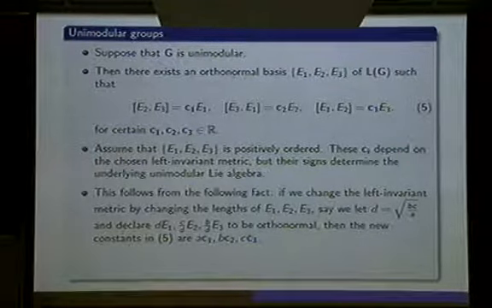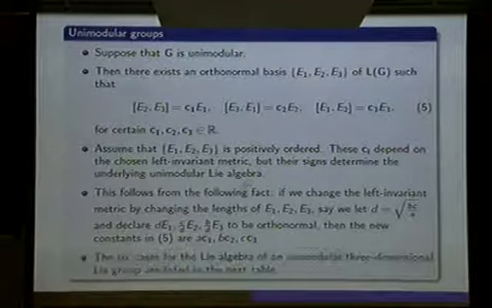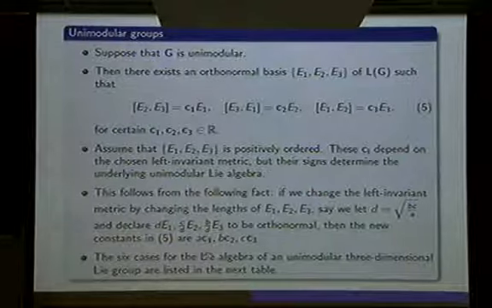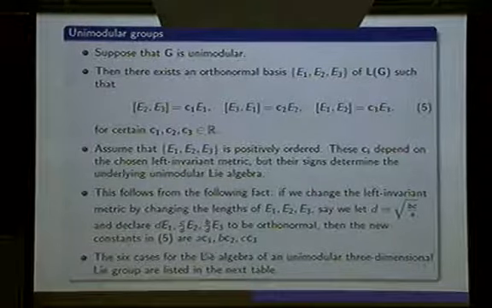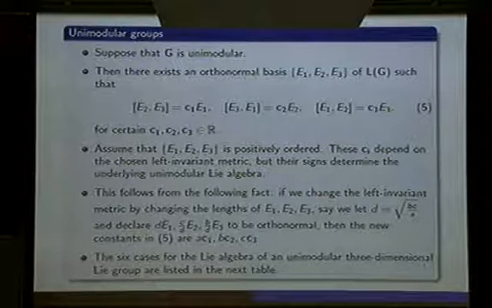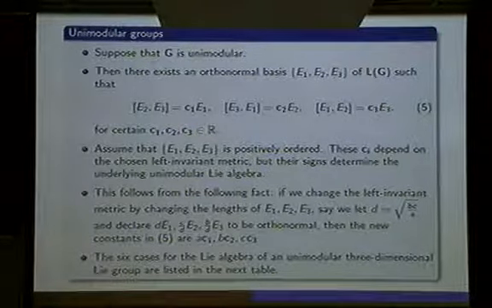So that gives you a description of all left invariant metrics on unimodular groups. And remember, we had an even nicer description when it was a semi-direct product. That was more canonical, easier to do calculations with. But this is also very easy to do calculations with once you know this result.